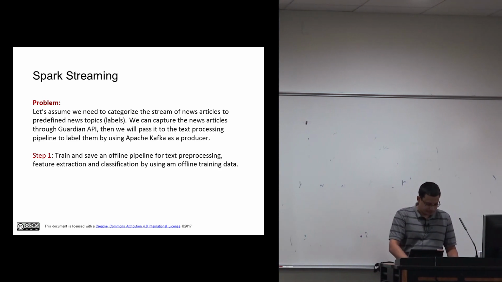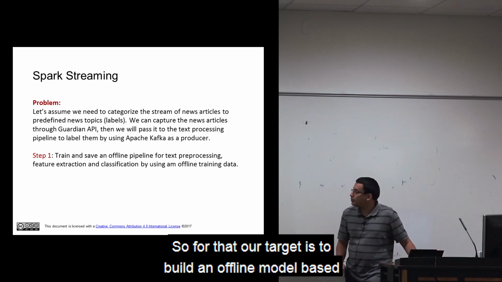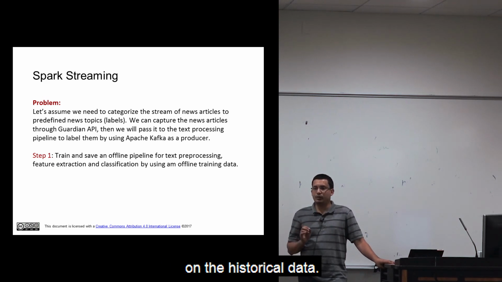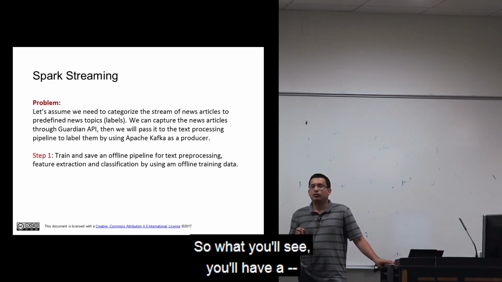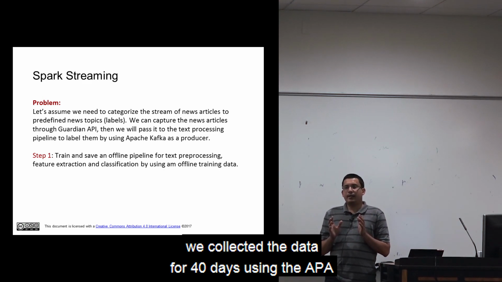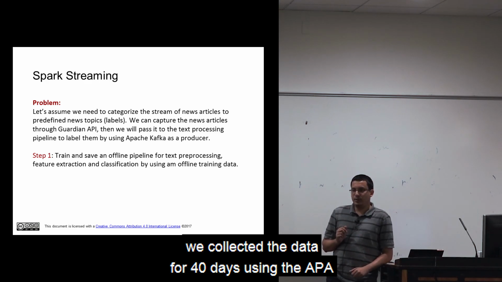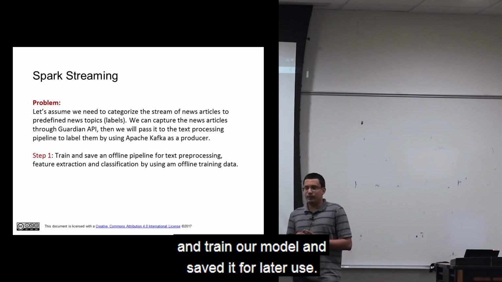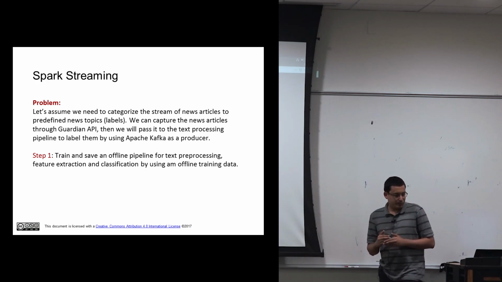So, our target is to build an offline model based on the historical data. We collected the data for 40 days using the API, trained our model and saved it for later use.